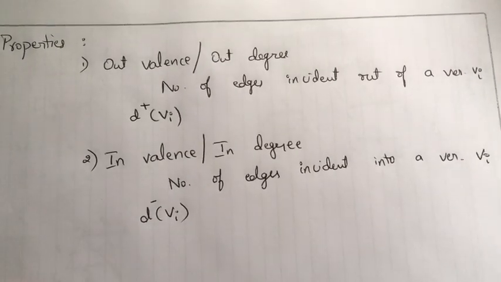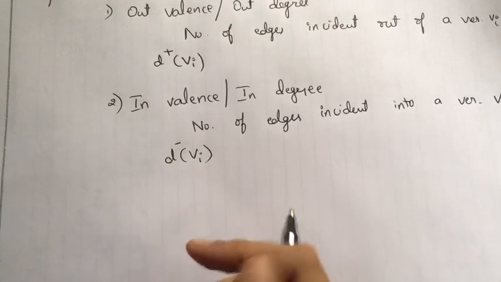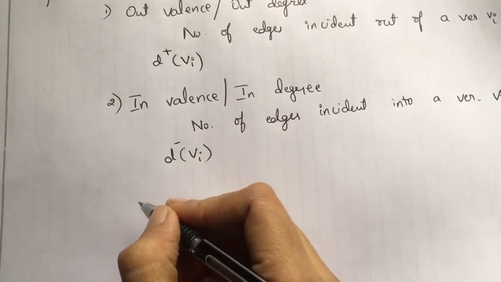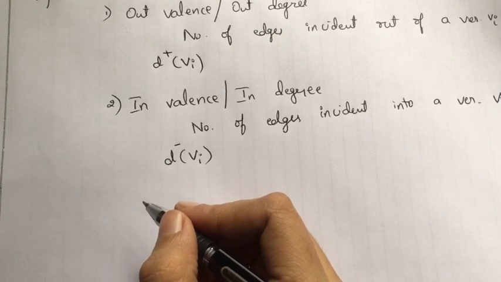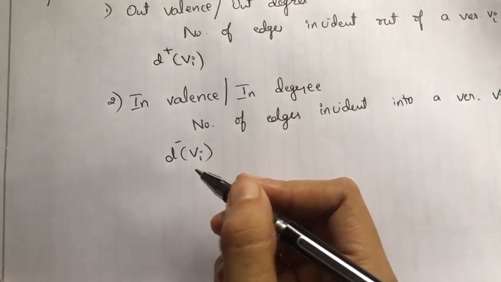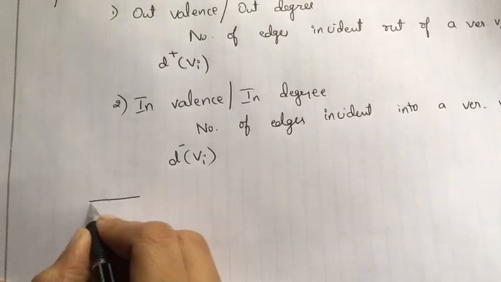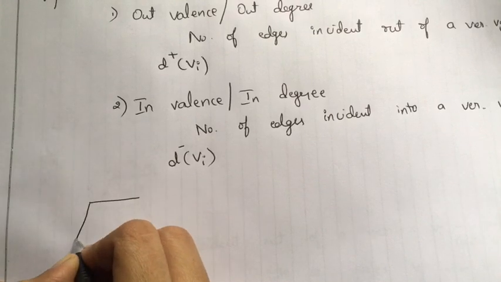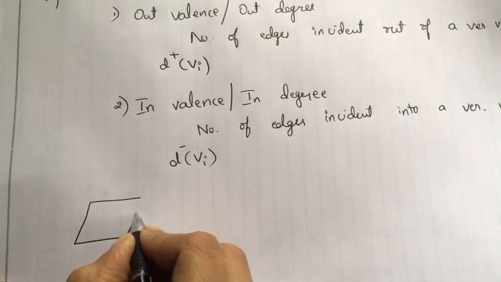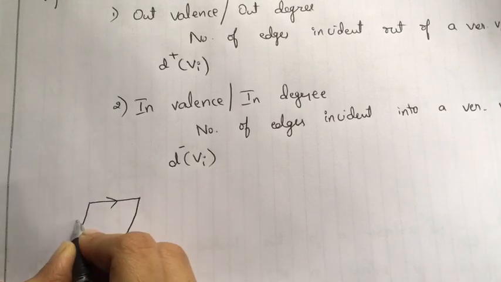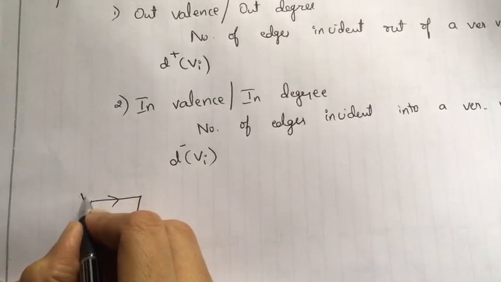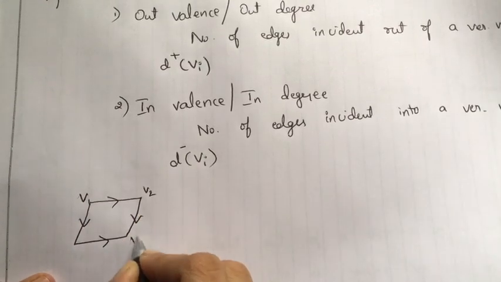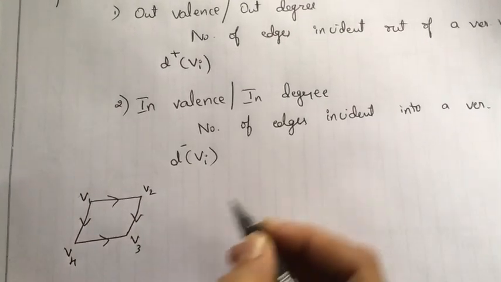So for the graph, I'll write the graph. For example, V1, V2, V3, V4.